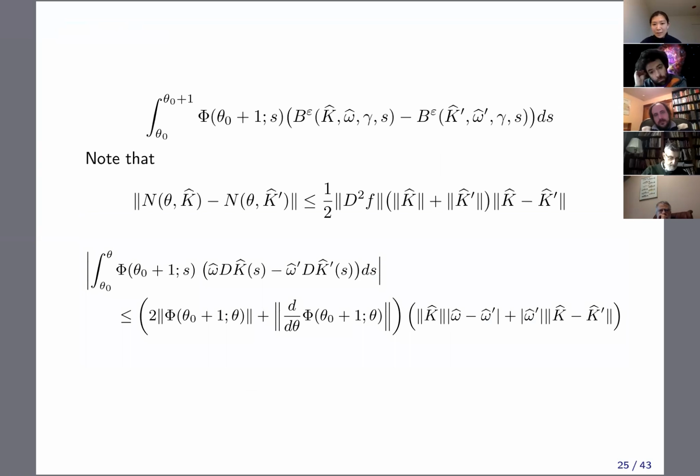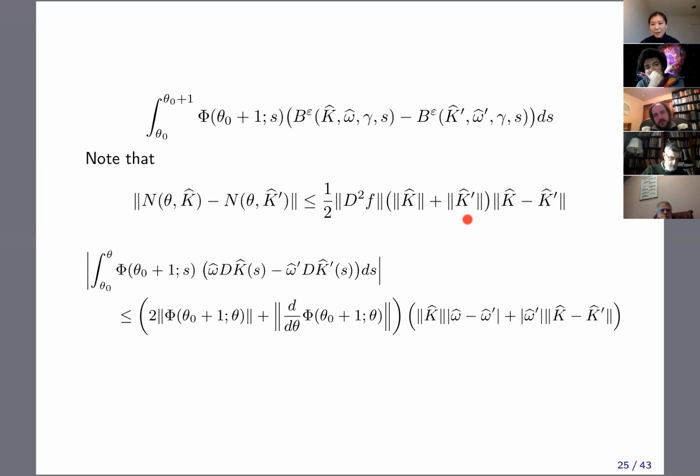In order to show this lemma, it suffices to consider this difference over here. So recall that the first term in B epsilon is quadratic, so it can be controlled by adding and subtracting terms. And notice that the C0 norm of K hat and K hat prime can be controlled by beta 0.